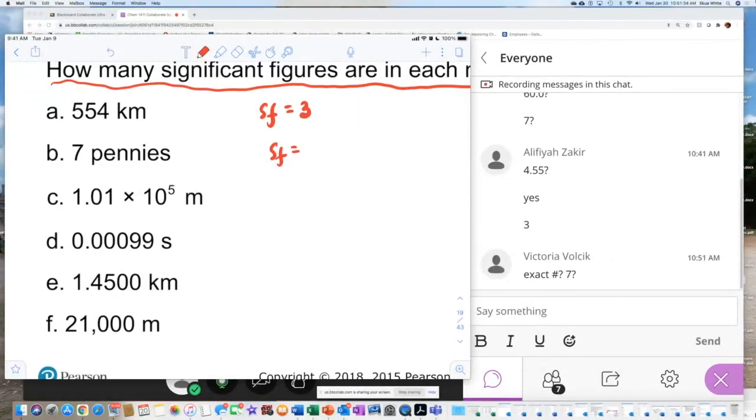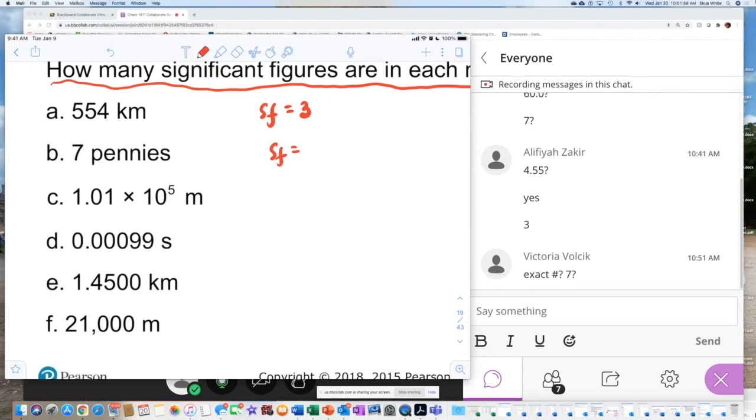Now, this is where some books, not just books, but the authors, disagree. Just so you know, even though the goal is for everybody to be on the same page, everybody is not on the same page, even when it comes to the rules, right? This author, Tro, says this is an exact number because 7 pennies will always be 7 pennies.